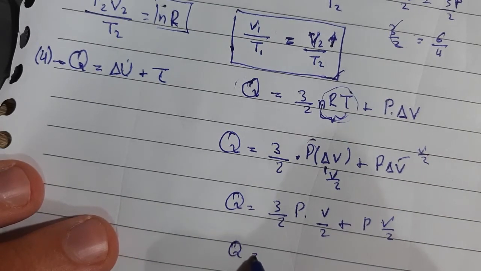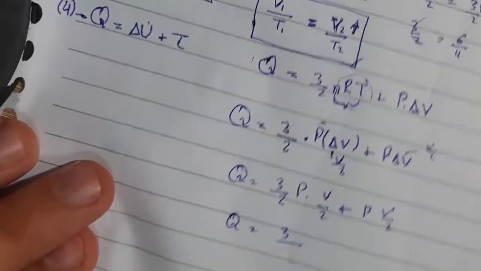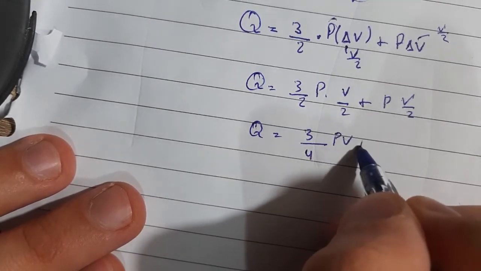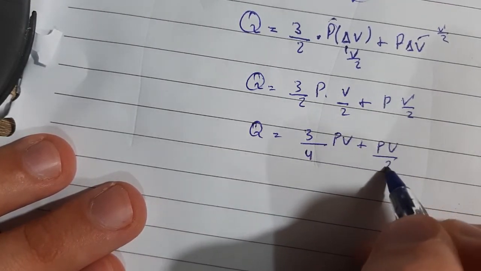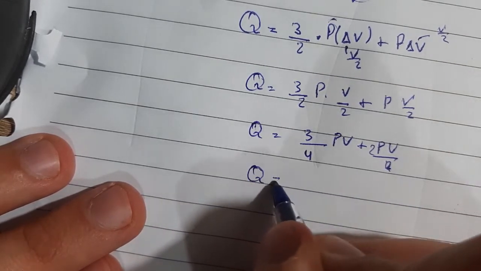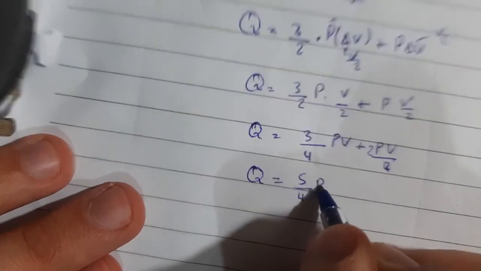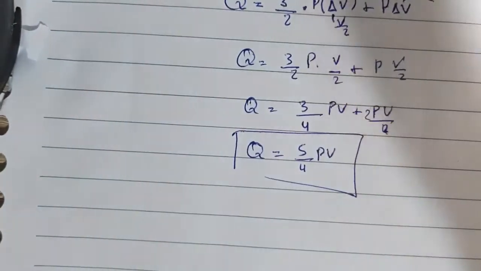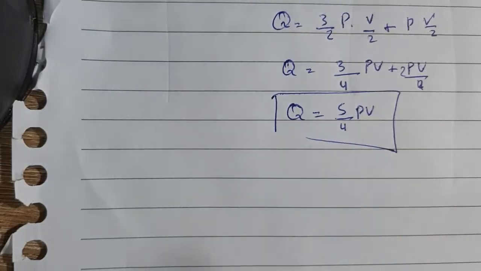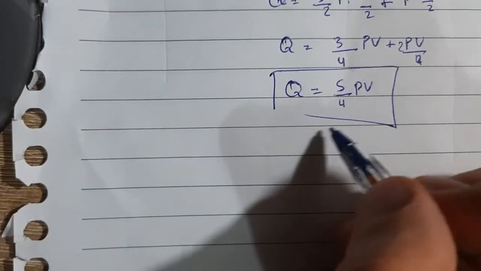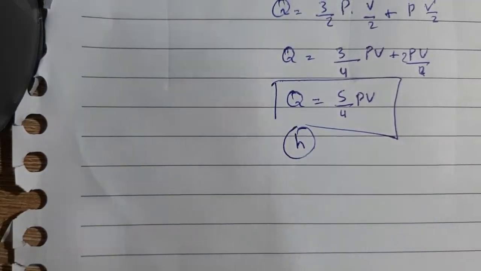So Q is equal to 3 divided by 2 times 2, which is 4 PV, plus PV divided by 2. So we'll have that the answer is letter H on the question.